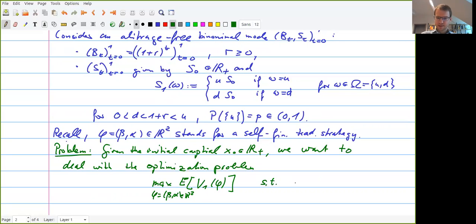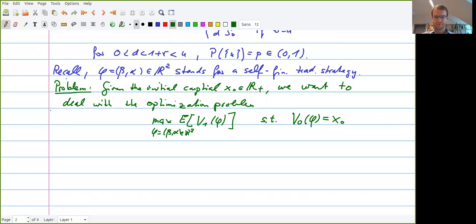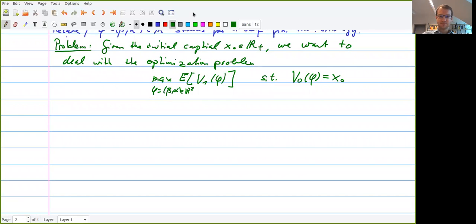Of course, I can only split up my capital. So at time 0, I know I have these x0 of capital, which I want to invest in the market in a self-financing way, which hopefully maximizes my expected future wealth. So this is our problem. The first guess looks rather reasonable, so let's solve it.